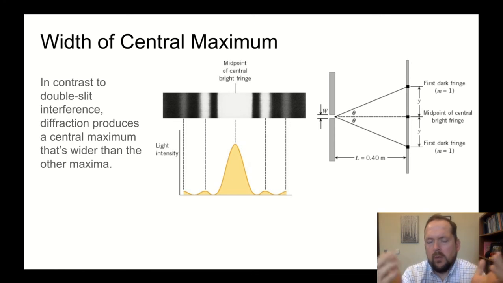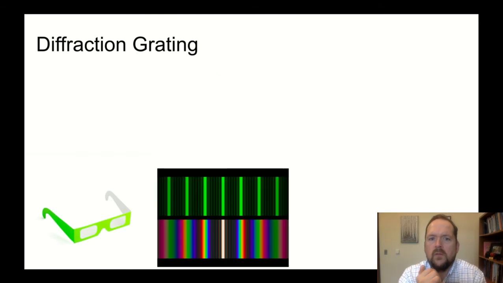It depends on the situation, you get 3 or 4 of these, and then it sort of fades out to where you can't see it any longer. But intensity-wise, the huge bulk of the intensity is still in that center bright spot, and much less intensity off to the sides of the pattern.